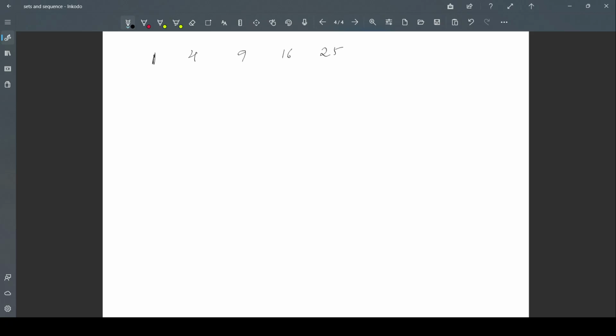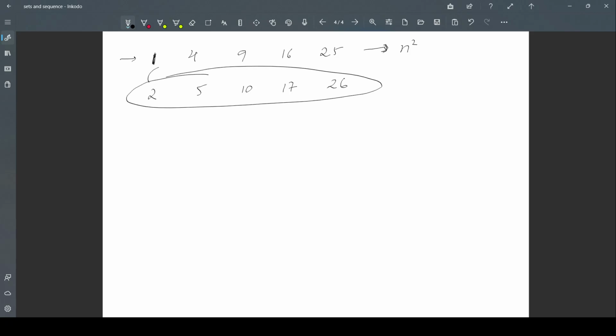And instead of giving this pattern, they are giving you 2, 5, 10, 17, 26. So you know that the nth term for this is related to n square, right? What is related actually? It is actually 1 plus n square, right?